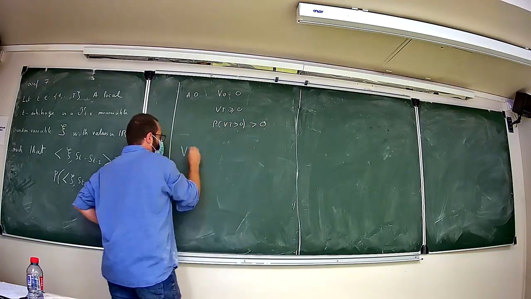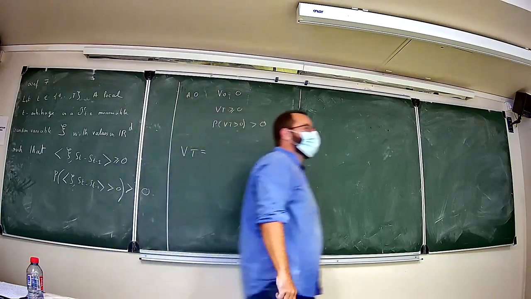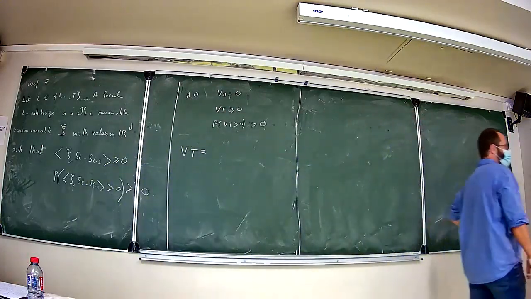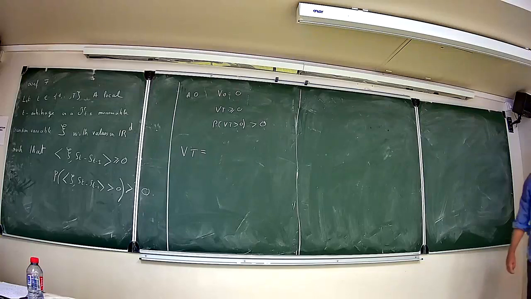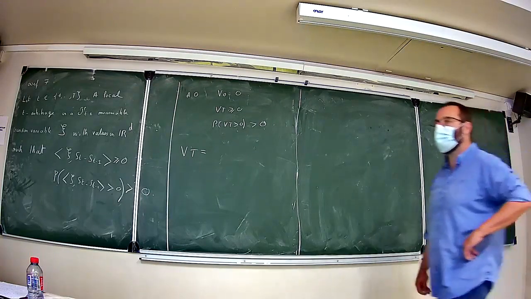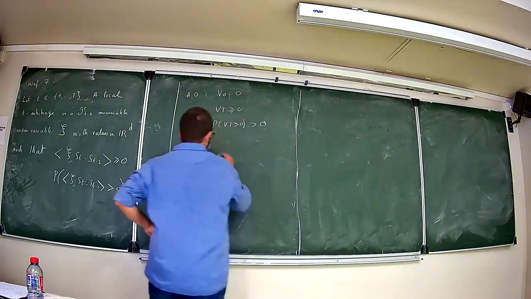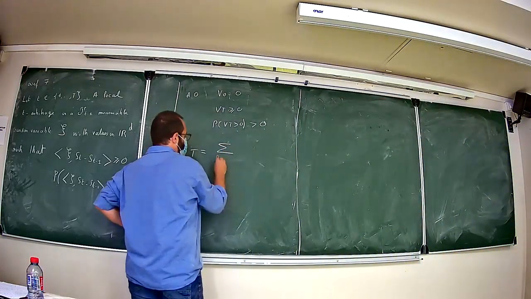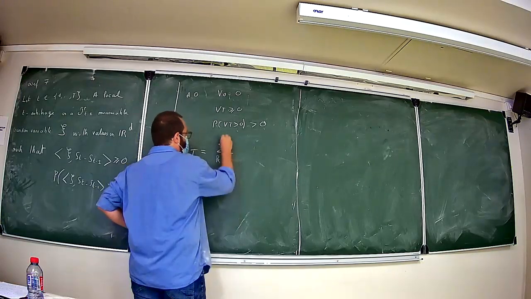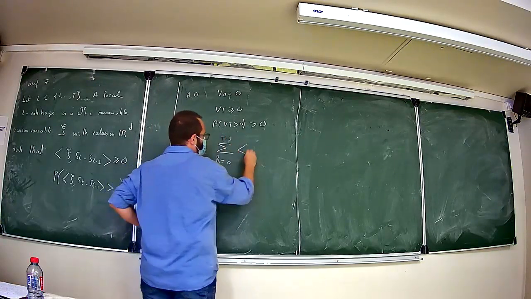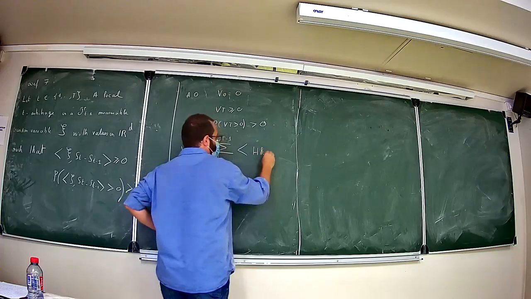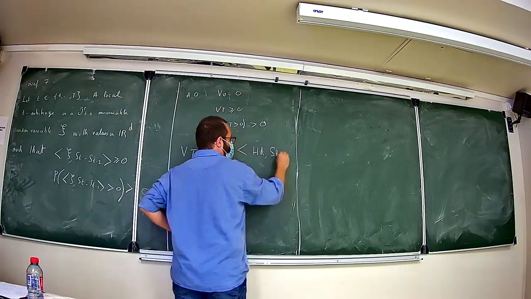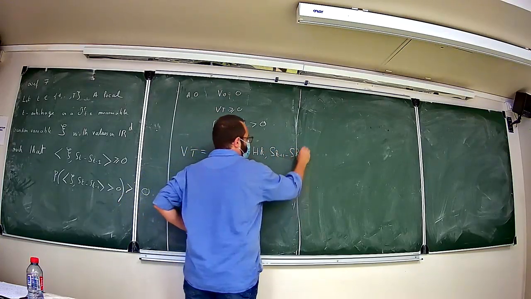And what is more, I have an expression for capital VT, because if I am an arbitrage opportunity, I am self-financed. So I can express my final value as the sum from k equal to 0 to T minus 1, h_k (S_{k+1} minus S_k).